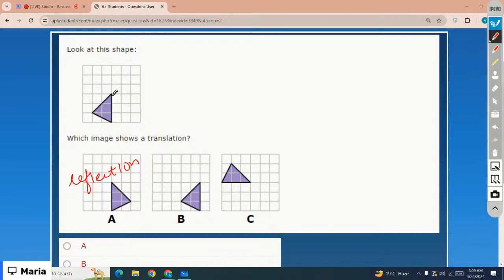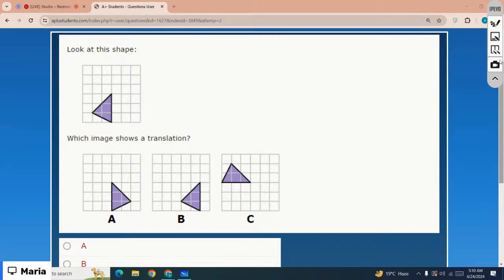If you look at C, this point is the same. That is the rotation. So what is B then? Yes, very good. B is the translation. You moved all the points to a new place. The correct option is B.